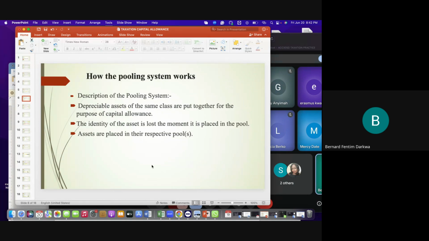Now let's look at what we call the pooling system. When I talk of pooling system in capital allowance, I'm not talking of a swimming pool.